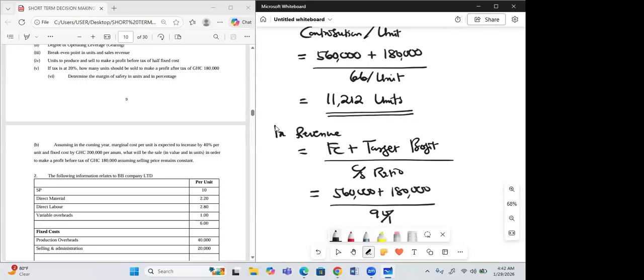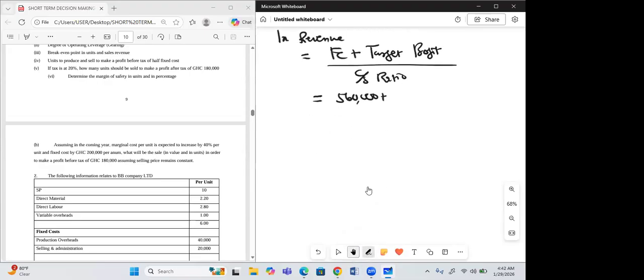What's the contribution now? 66. Now contribution is 66, selling price is 150, right? Yes. So calculate that for us.